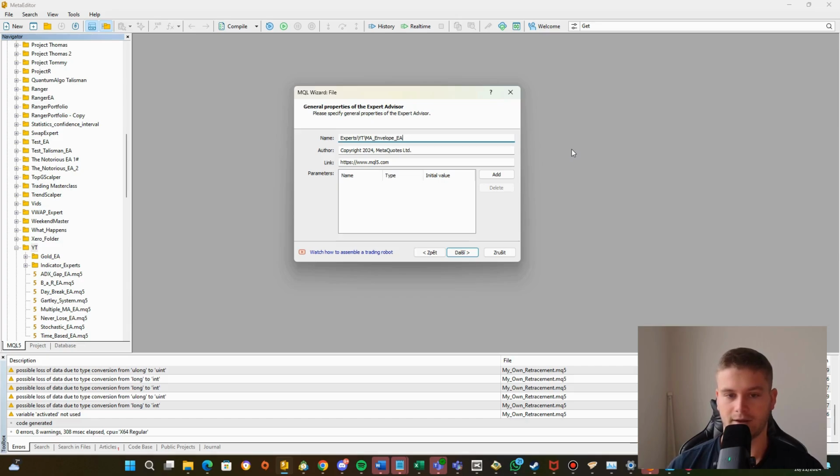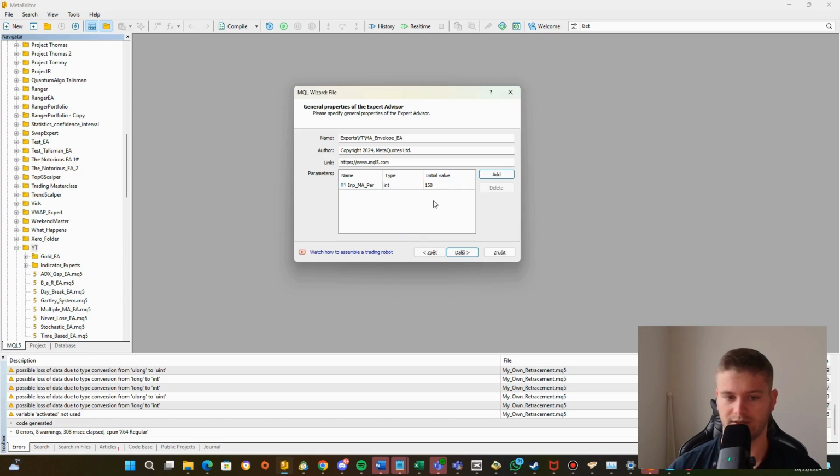Then it will require some parameters. I think I can define these parameters in here because it's not difficult. Let's add the first input, which will be for the moving average period. So input MA period, which will have the type of an integer, and the initial value for the moving average can be, I don't know, 150 for example.